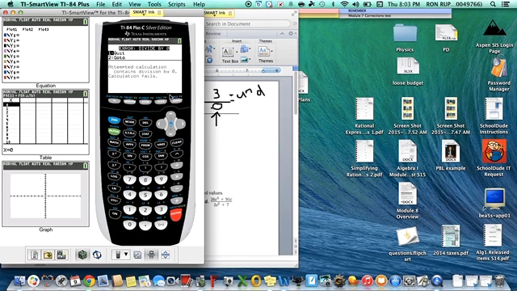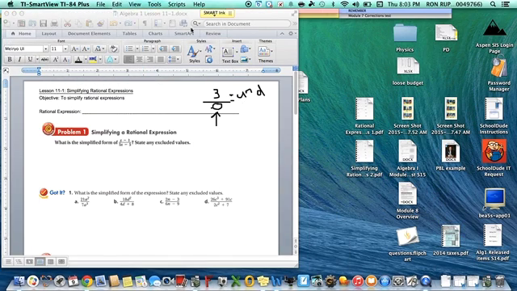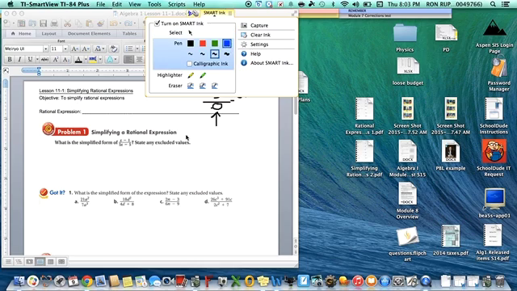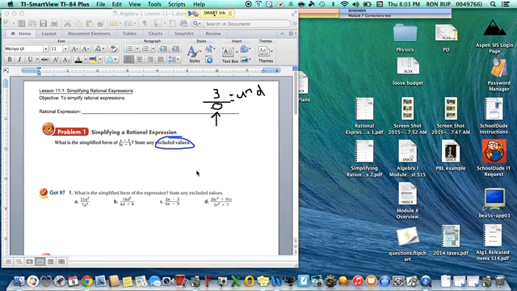You cannot divide by 0. And so when you see this terminology of excluded values, you're going to try to calculate what value of x makes the denominator 0.